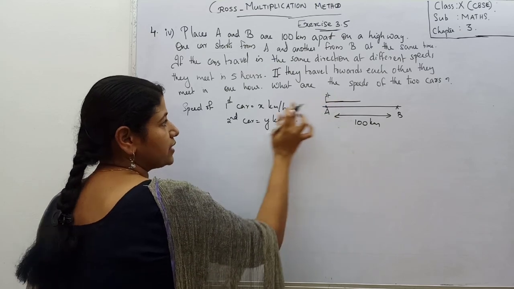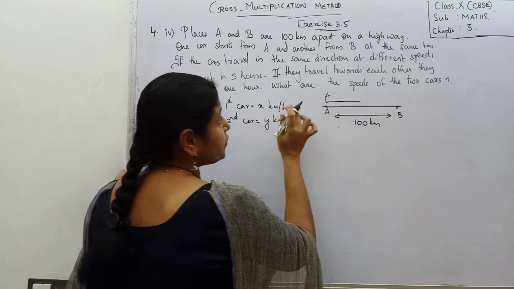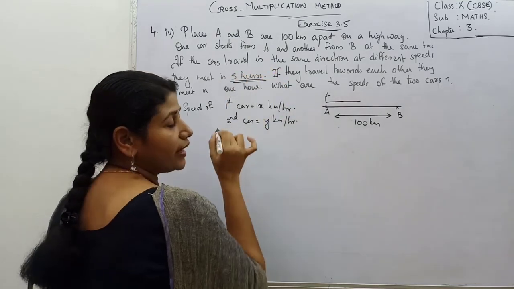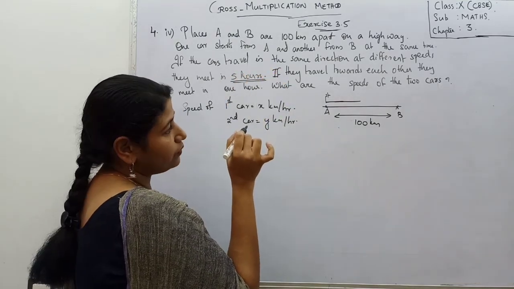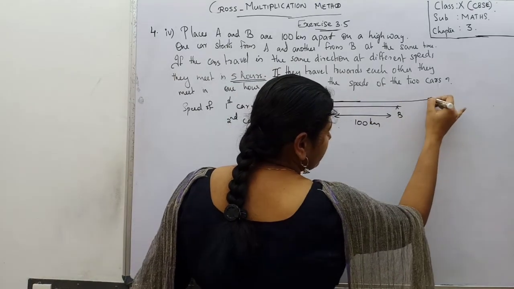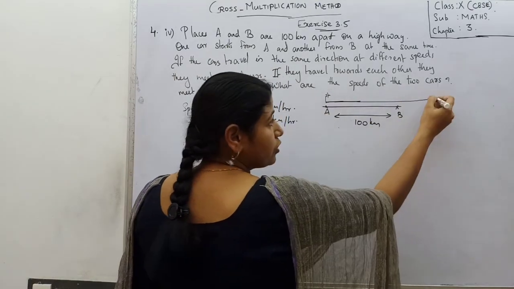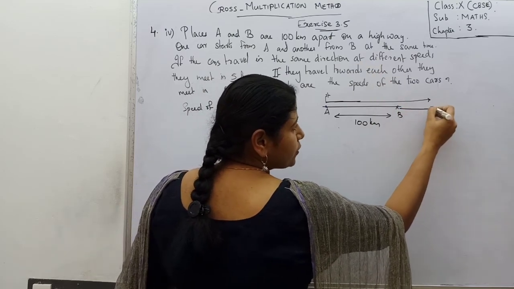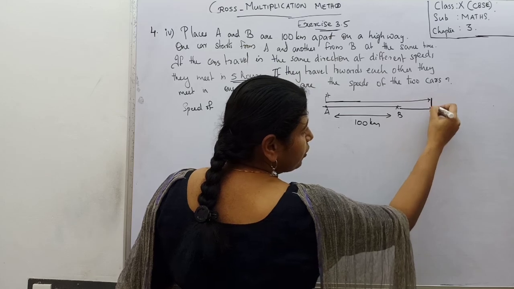If you take the first car speed as x, after 5 hours, we know that it will meet at the same point that we have studied, isn't it? So after some time it will be somewhere here. And the second car starts from B, so it is also coming to the same point. Then only they will meet.